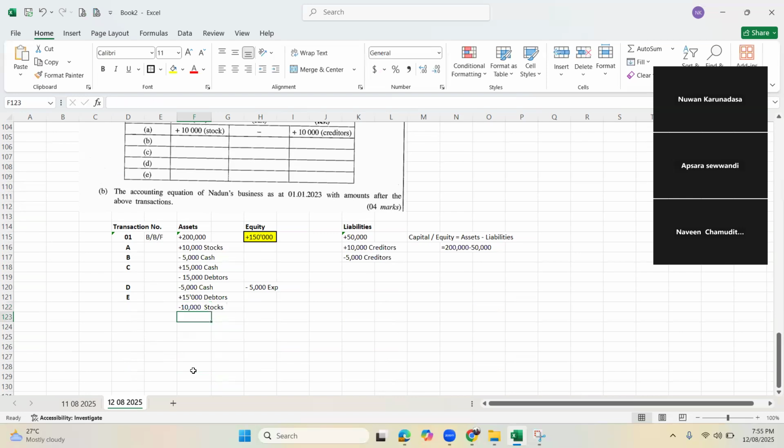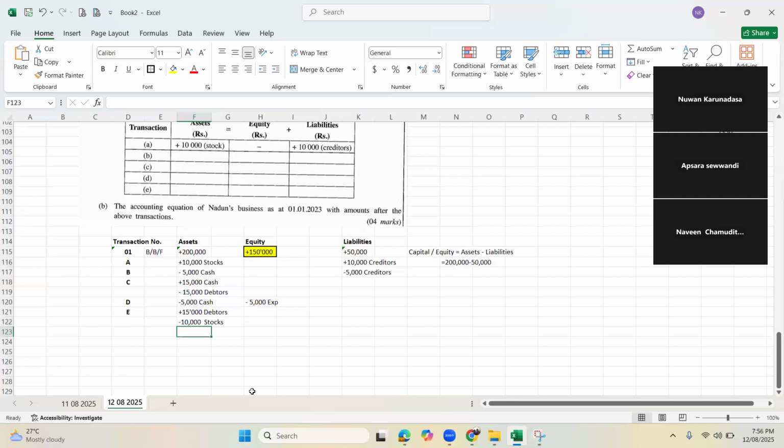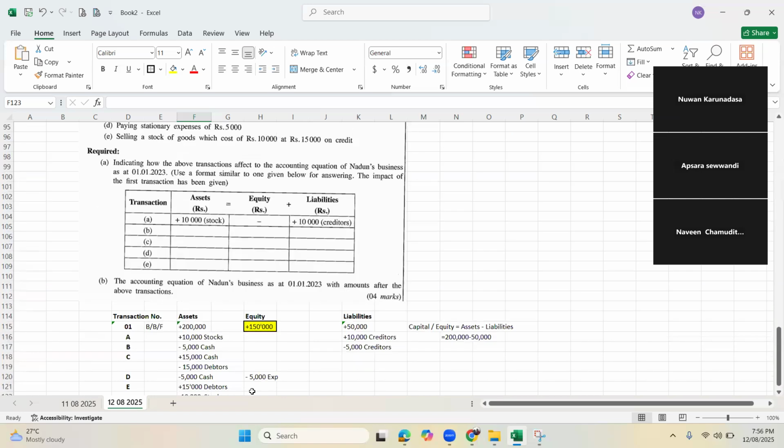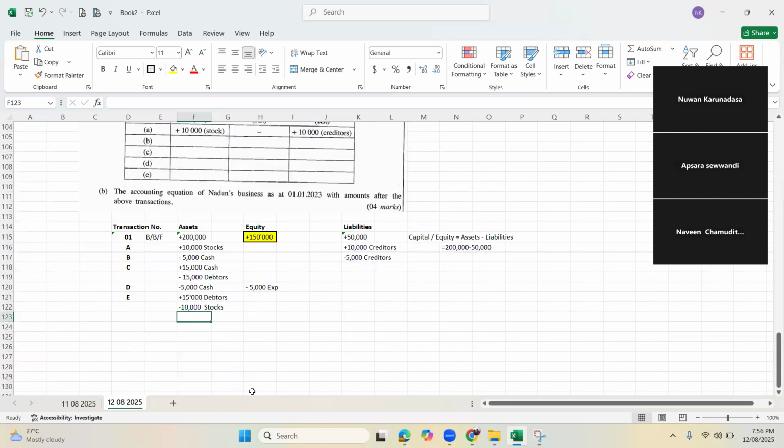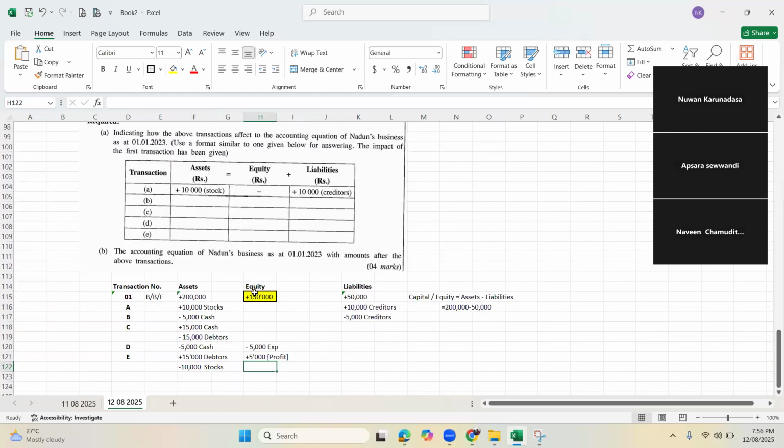You are selling 10,000 stock at 15,000, so you have made a profit of 5,000. Add that profit to equity, plus 5,000. That is the profit from the transaction. Right, done.